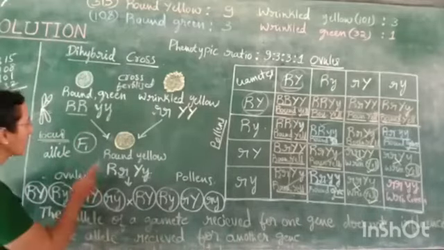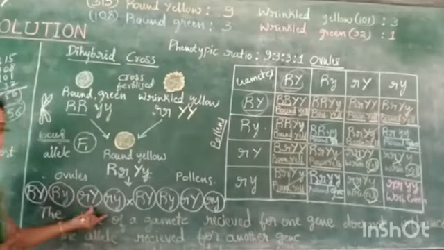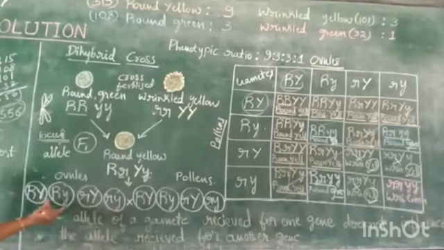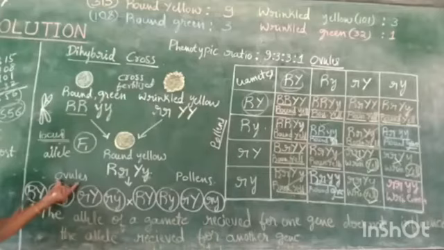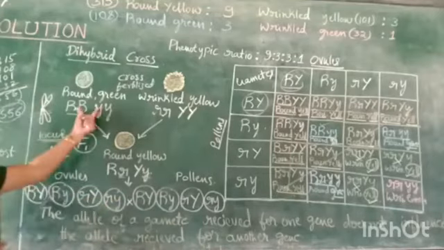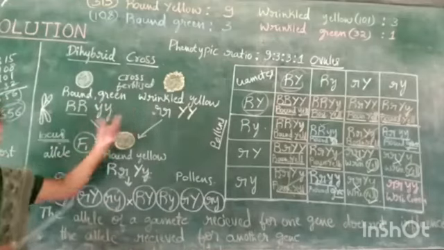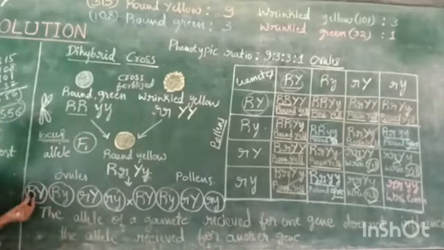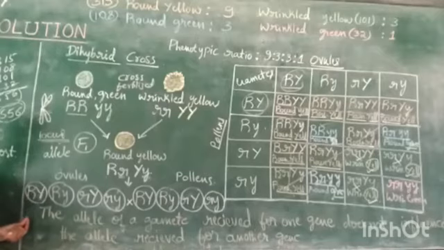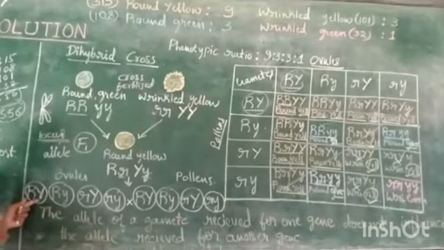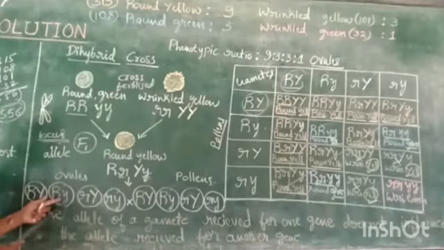When there is gamete formation, maybe ovules or pollens, those characters are independent of each other. You can see the round nature with yellow color. The yellow color is segregated, and here you can see the green color.